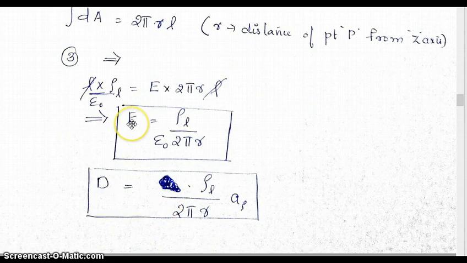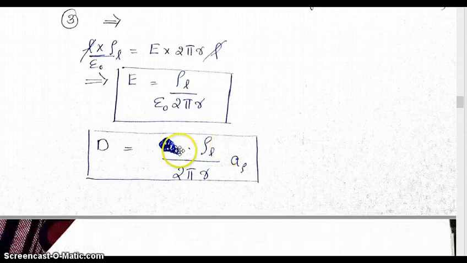Rearrange the equation, you will get E is equal to rho L by 2 pi epsilon 0 r. From that you know D is equal to epsilon 0 E. So substituting in that equation, you will get D is equal to rho L by 2 pi r unit vector a rho. So that is the final expression for a line charge.